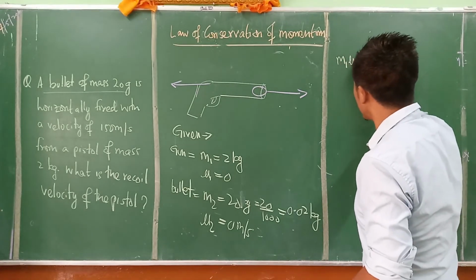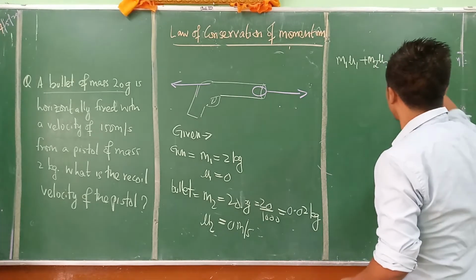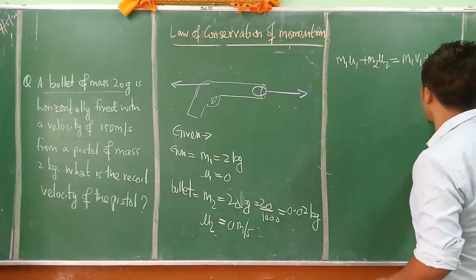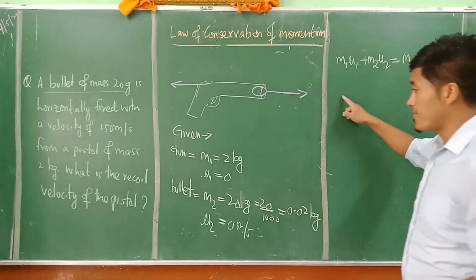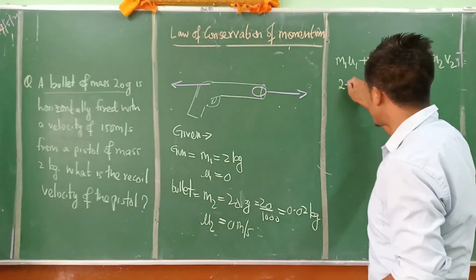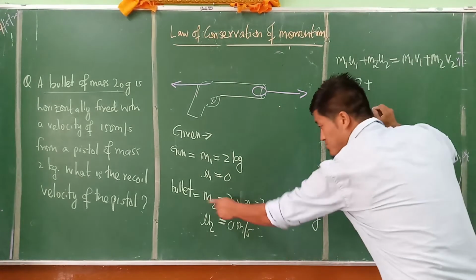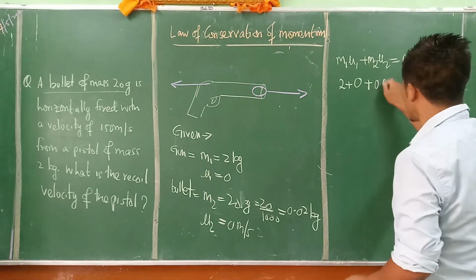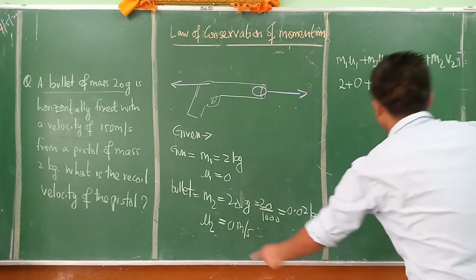M1 u1 plus m2 u2 is equal to m1 v1 plus m2 v2. M1 is 2 kg, u1 is 0, plus m2 is 0.02 kg, u2 is again 0.